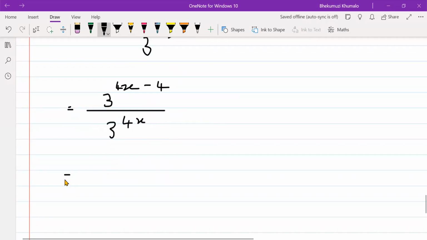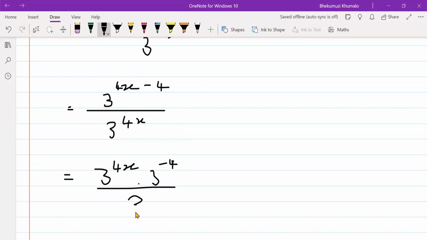And then the easiest way to do this is that because we know that at the top, 3 to the power 4x minus 4 can be separated and written as 3 to the 4x times 3 to the minus 4, like this, right? Then we have it like that, right?